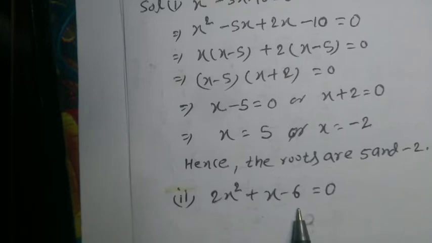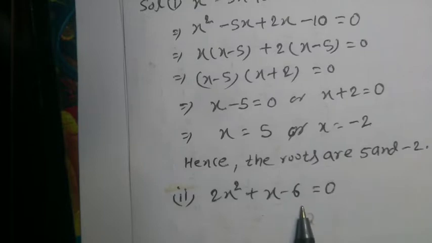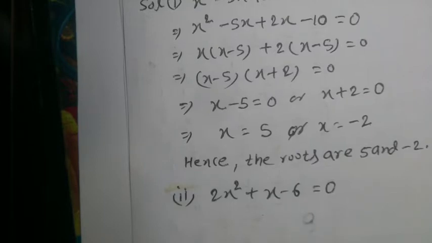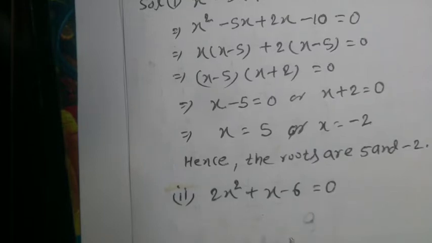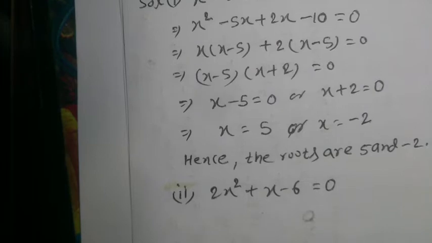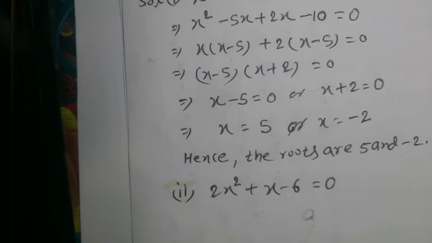When a is greater than 1, then we multiply a and c. So when we multiply 2 into minus 6, then we get minus 12. Now again we break the middle part such that the difference is 1 and the multiplication of the numbers is minus 12.